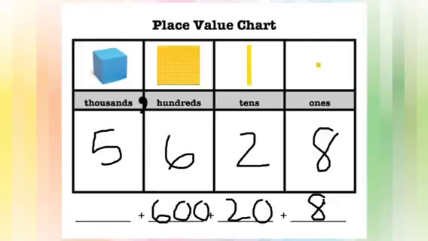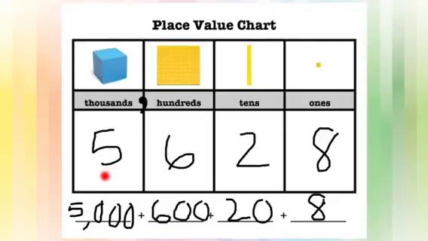So now I have this number 5 in the thousands place, which is like I have $5,000. So we're going to write 5,000.